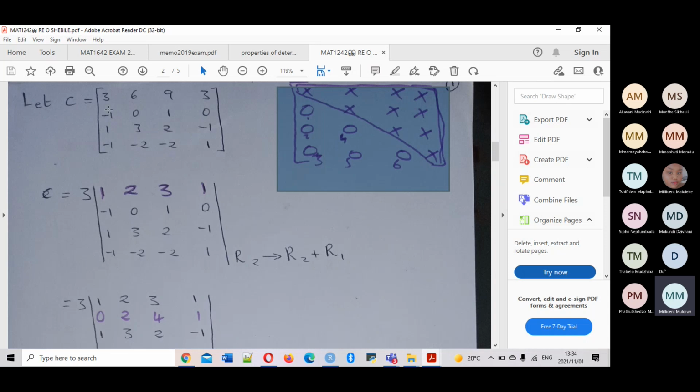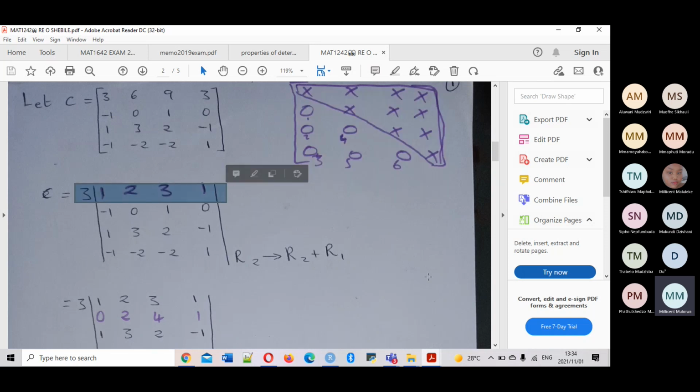So now, after taking out the common factor, we're going to have this guy. So which row are we going to add or subtract with row 2? Because remember, this -1 here is at row 2.